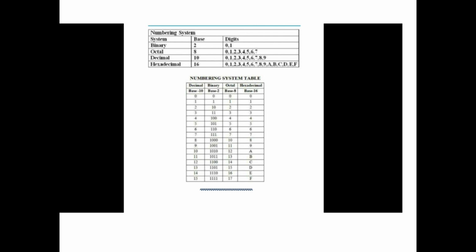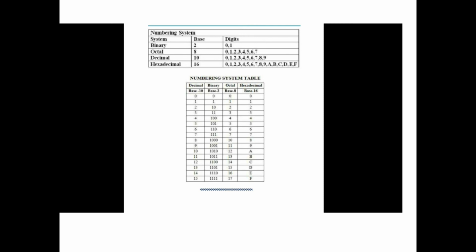Let us observe this table, where we can see the equivalent numbers. Decimal 0 is 0 in binary, octal and hexadecimal. Decimal 1 is 1 in all the number systems.